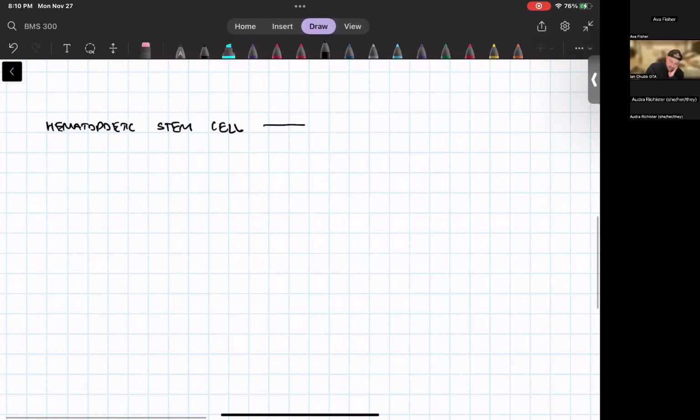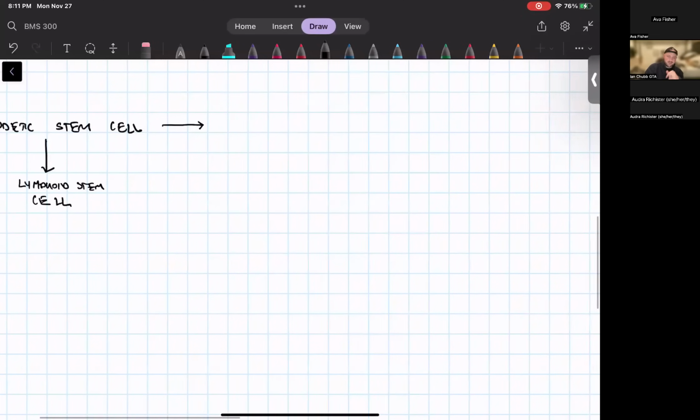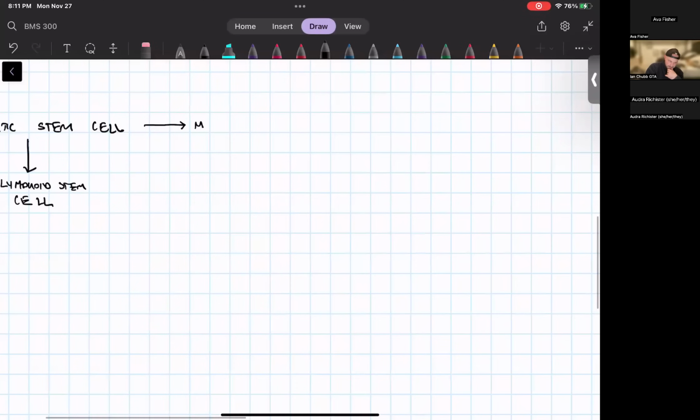I'm going to go this direction with the blood cells, but it can also take a route that is our lymphoid stem cell. And this is going to be more important when it comes to looking at the immune system itself. But since we're talking about blood, we're going to look at the other direction, which is our myeloid stem cells.